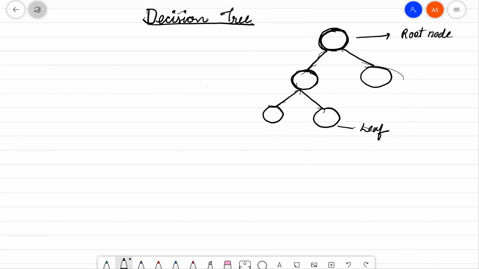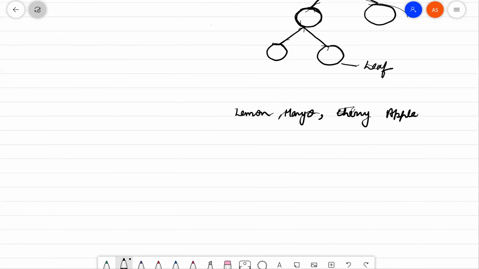Suppose for example we have four fruits, suppose lemon, mango, cherry, apple. So this is a data set.